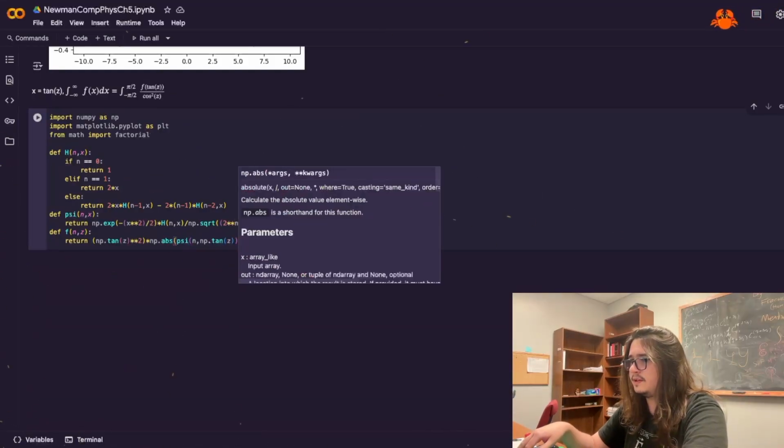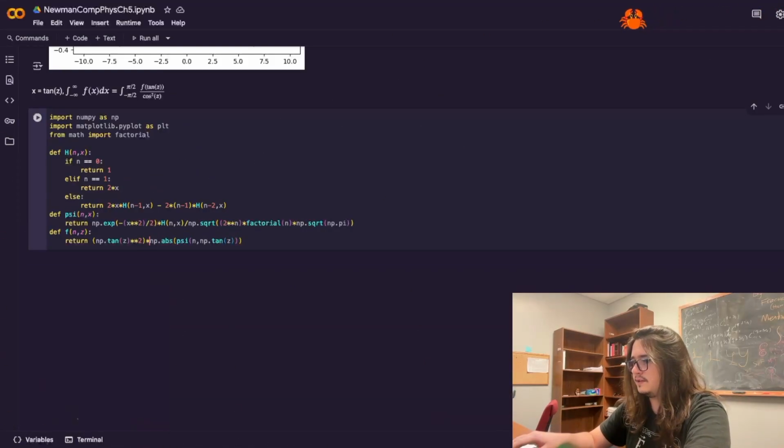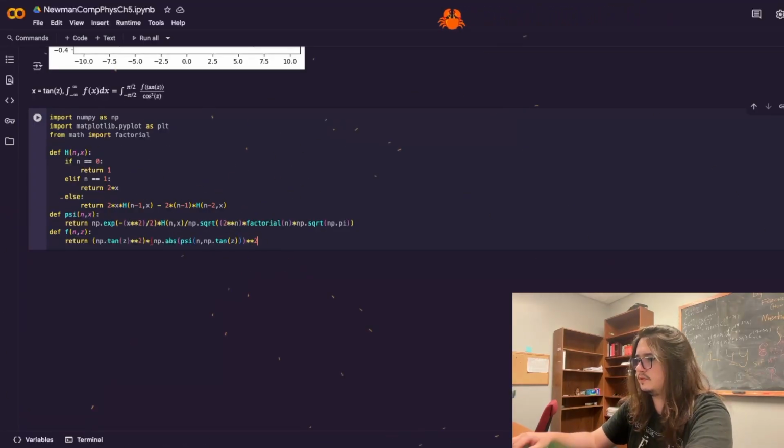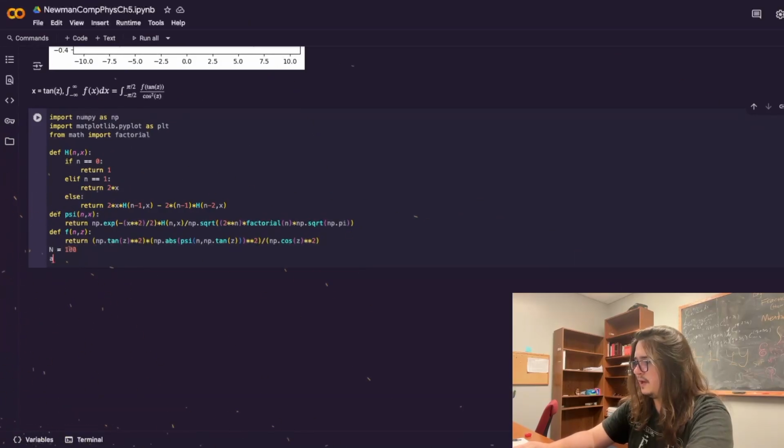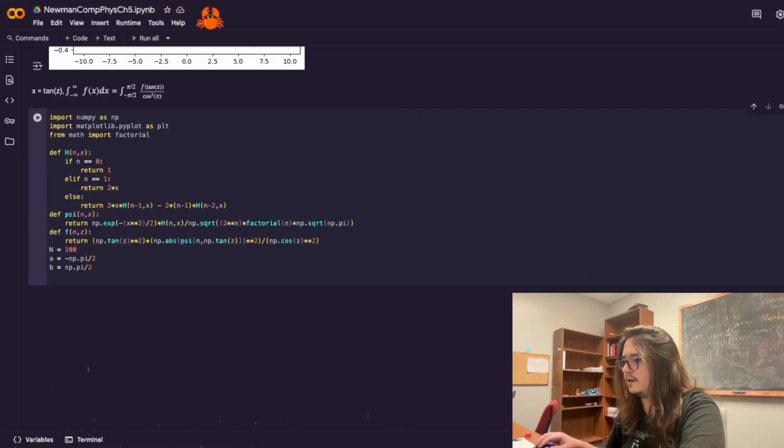Then inside the parentheses where the absolute value is, you're going to square it. And then you divide by, again, the cosine of z squared. And then you do Gaussian quadrature with n equals 100 points, a equals minus numpy dot pi over 2, b is positive pi over 2, and then Gaussian quadrature happens.